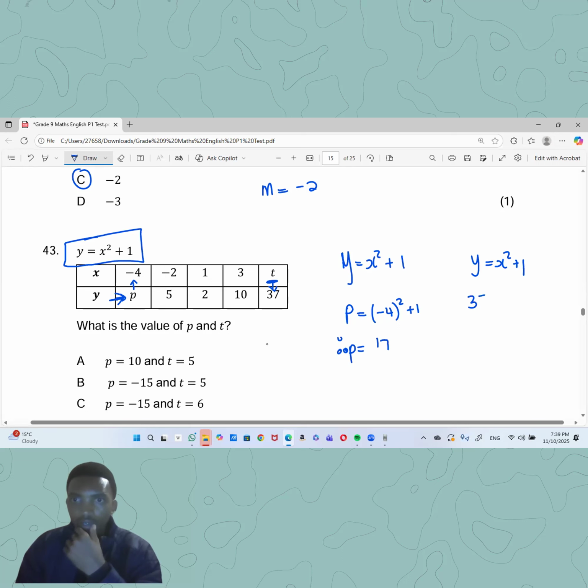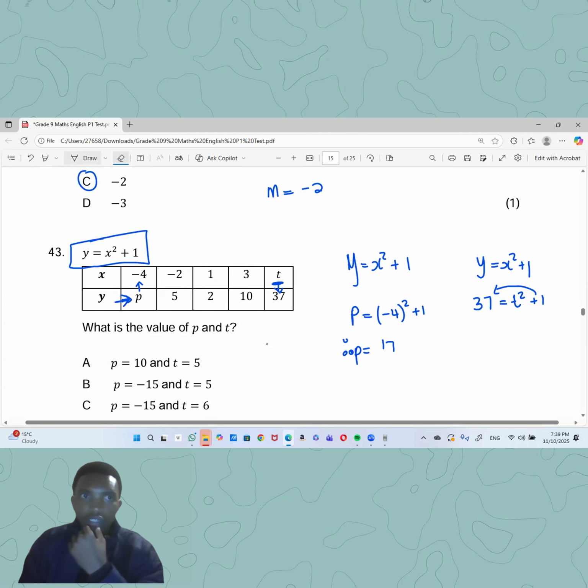So at the place of Y we have 37, and at the place of X we have T. 37 equals T squared plus 1. What do we do with this plus 1? We take that one to that side, and we're going to have 36. Because remember, if it goes that side, it's going to change the sign and become negative. So we're going to have 37 minus 1.